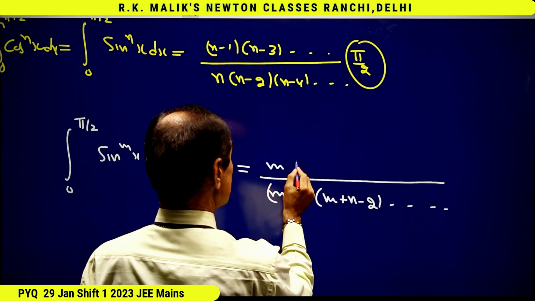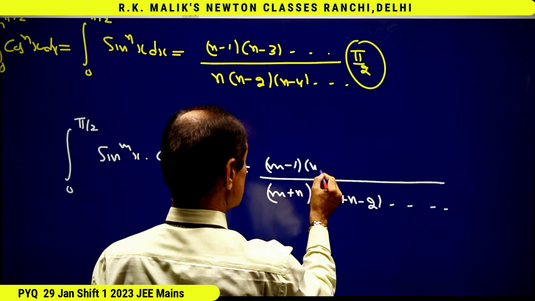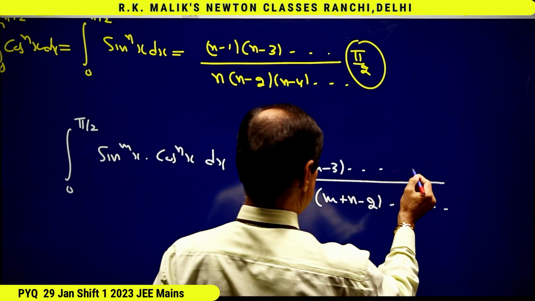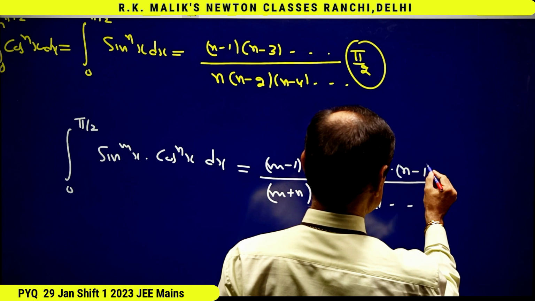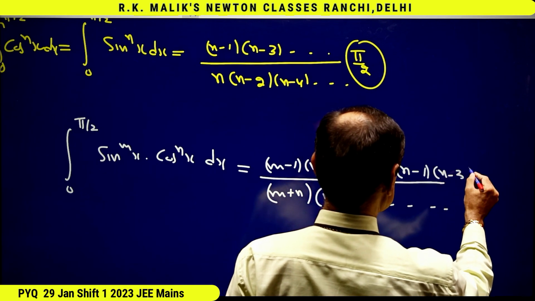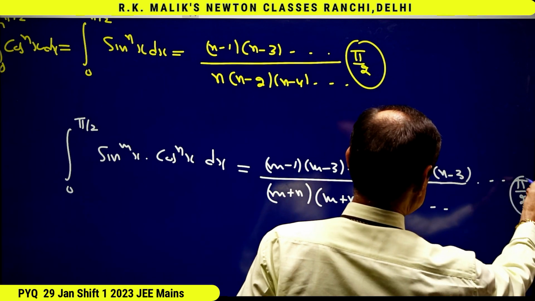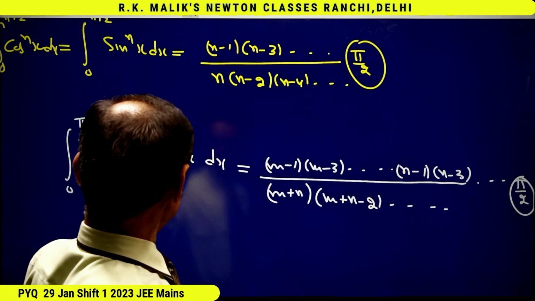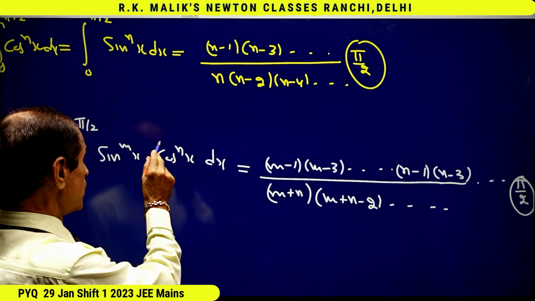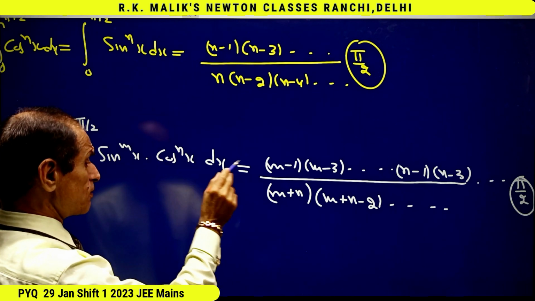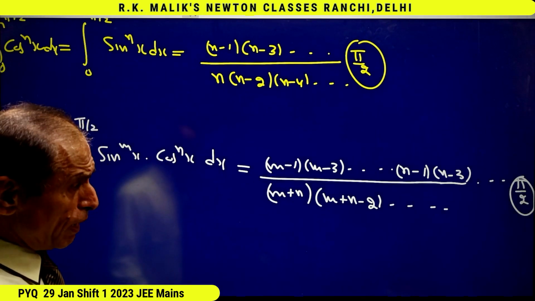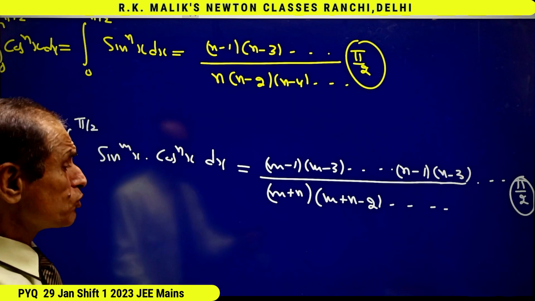And in the last, pi by 2 will come only if both are even. If one of them is odd or both are odd, pi by 2 will not come. Pi by 2 will come only when both are even.